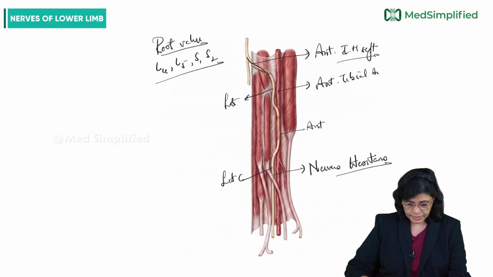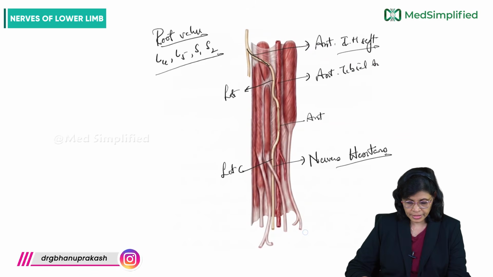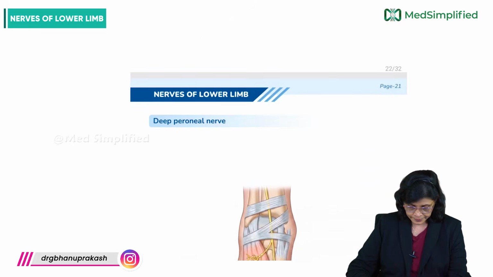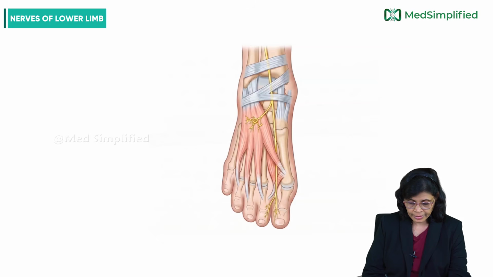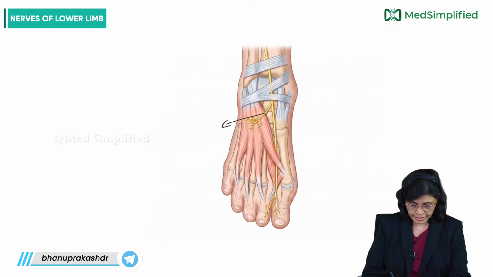This nerve passes beneath the extensor retinaculum, and in front of the ankle it divides into lateral and medial terminal branches. The lateral branch supplies the extensor digitorum brevis muscle and ends in a pseudoganglion.